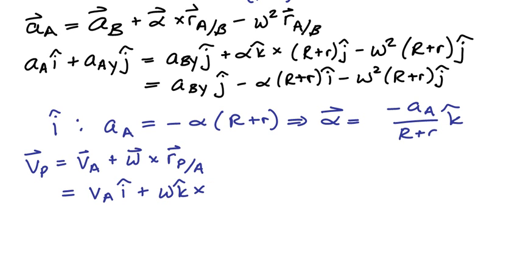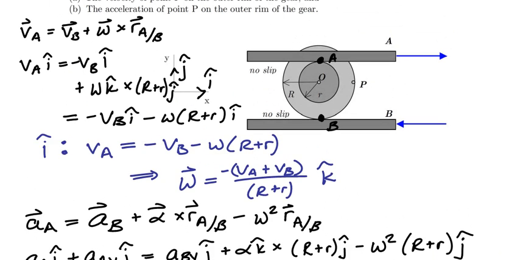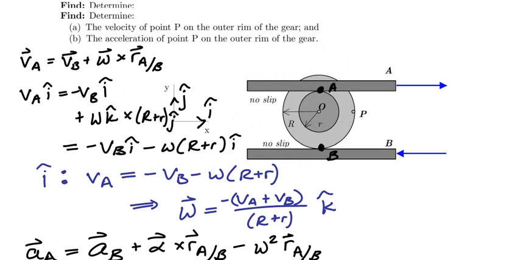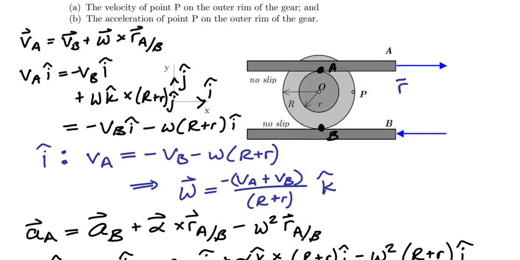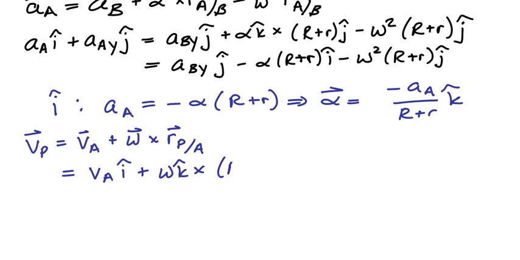If I go back up here, what I can find is the position of P with respect to A, and I'll write it here for the first time, P with respect to A is going to be a distance capital R in the I minus little r in the j. So if I plug that in, I'll have capital R in the I minus little r in the j.